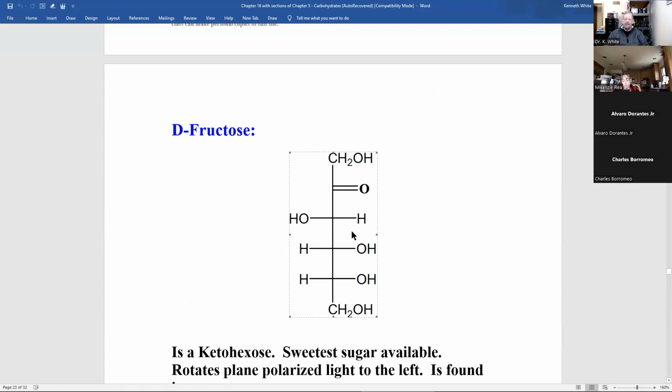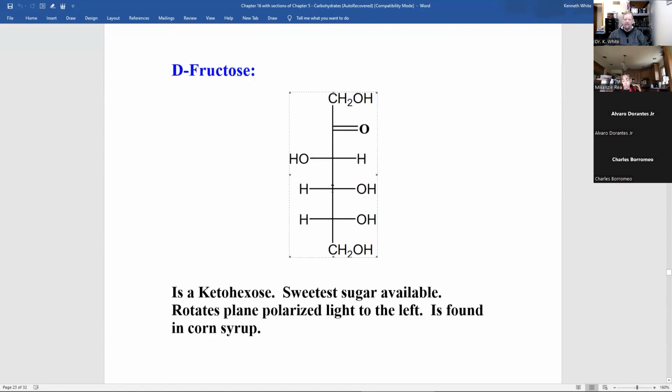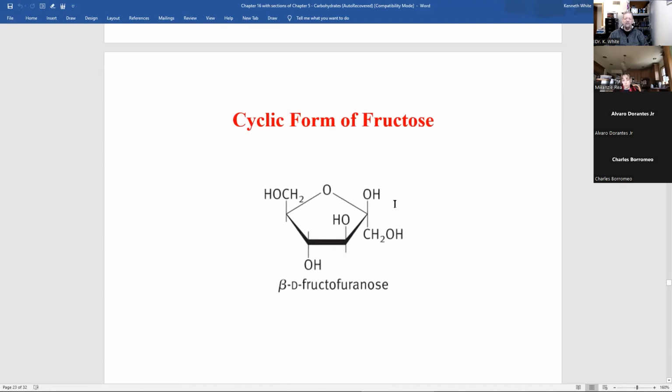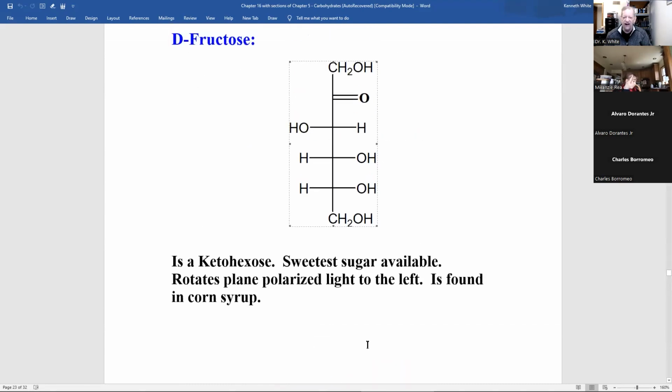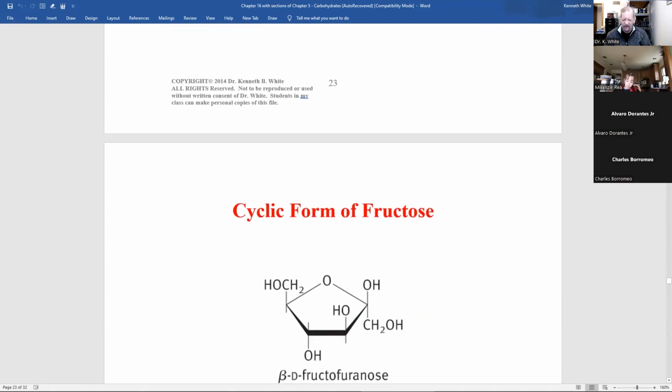Fructose does the same thing with the same hydroxyl group on C5, but the carbonyl is a ketone. And here's the Haworth structure. Guess what? We'll use my longest and ugliest carbon-oxygen double bond to make it easier to see how this goes from here to here.